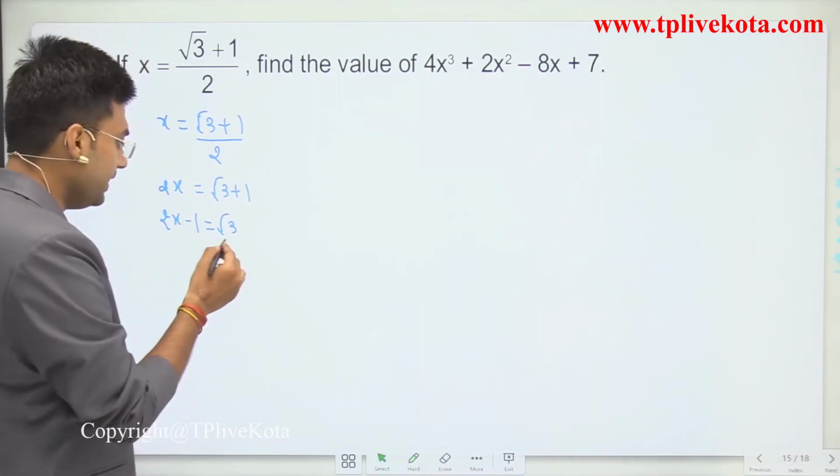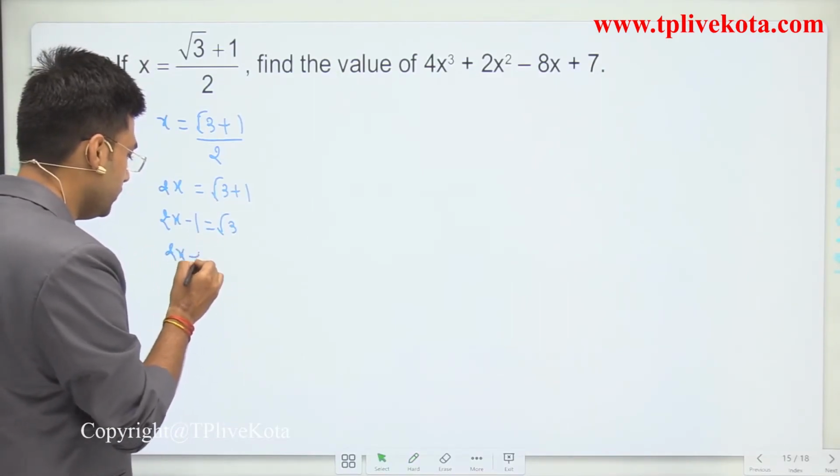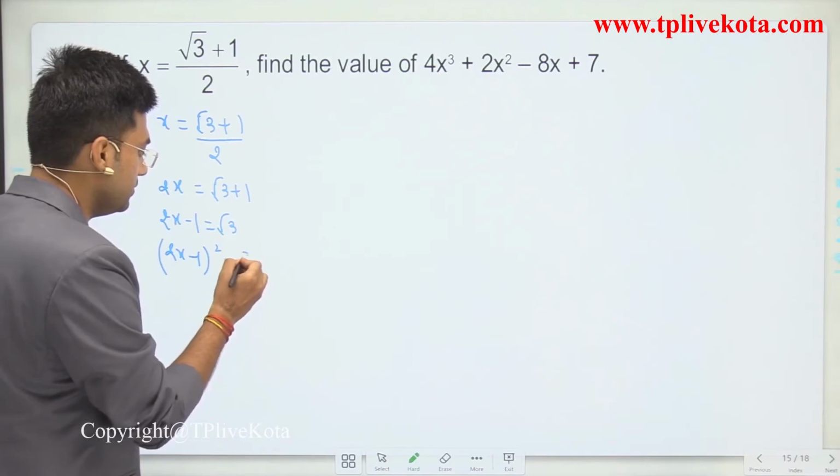Now when we square it on both sides, what will we get? We will get 2x minus 1 whole square is equal to 3.